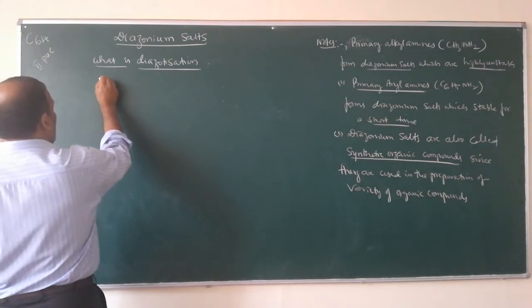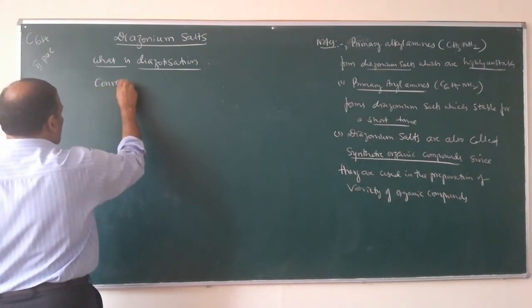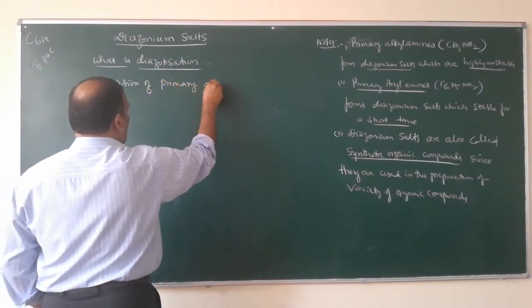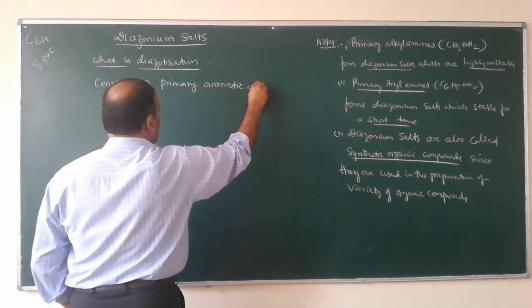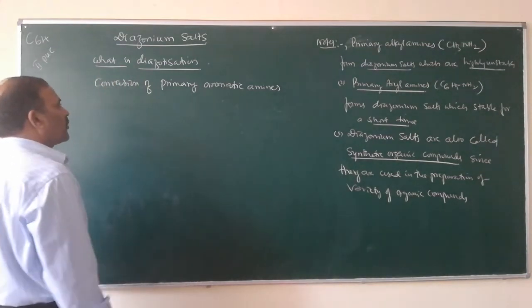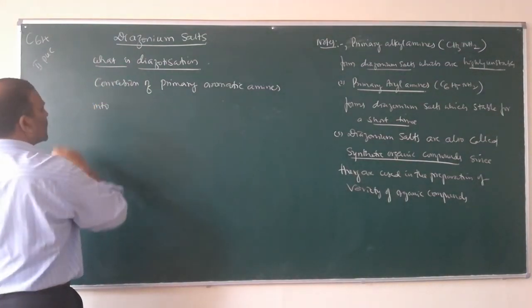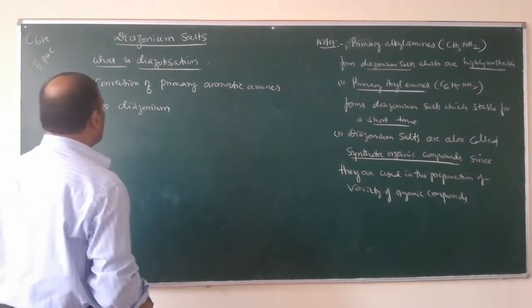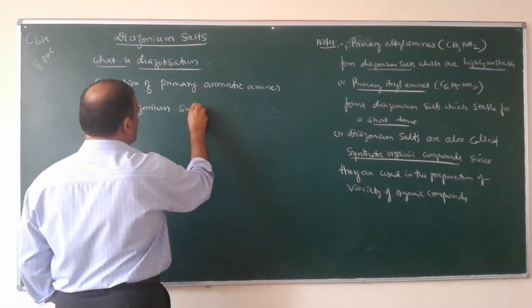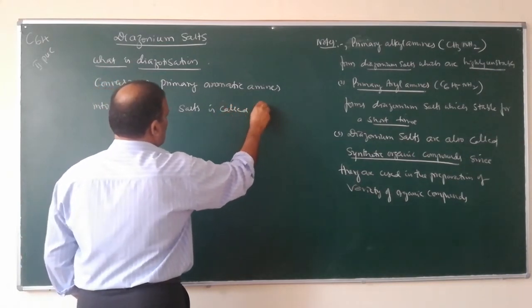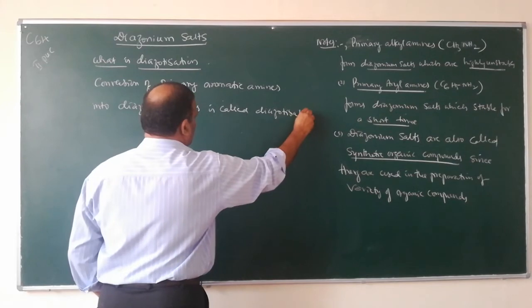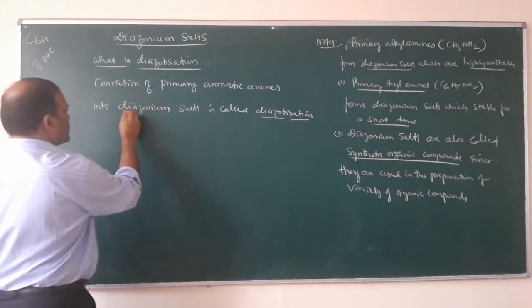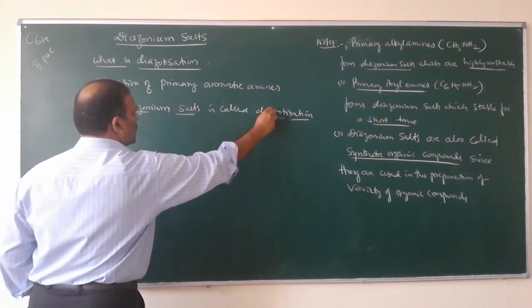That means conversion of primary aromatic amines into diazonium salts is known as diazotization.